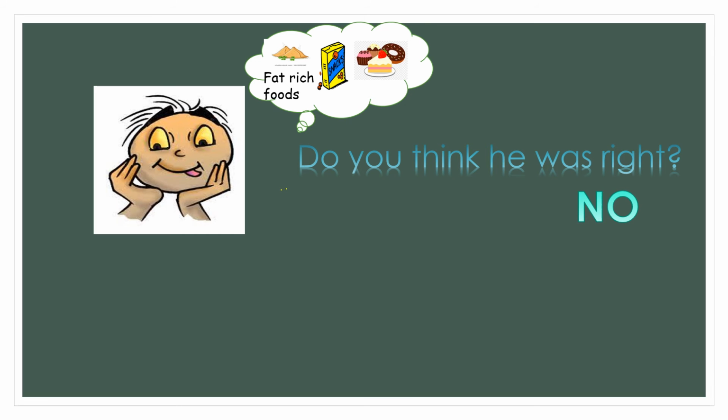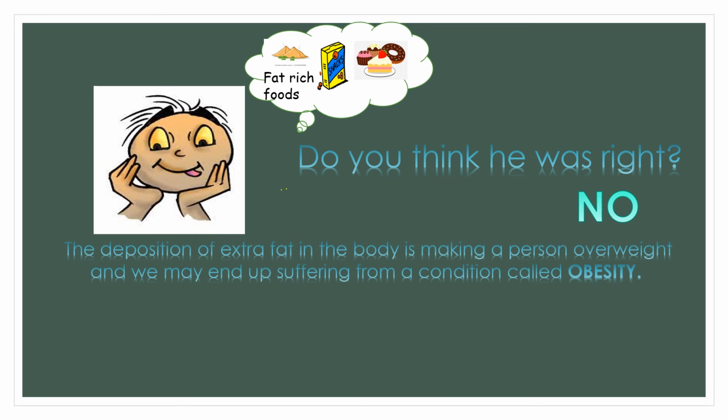No. Why? Because the deposition of extra fat in our body makes a person overweight, and we may end up suffering from a condition called obesity. We should not become obese, and we should not eat too much fried food or fat-rich foods.